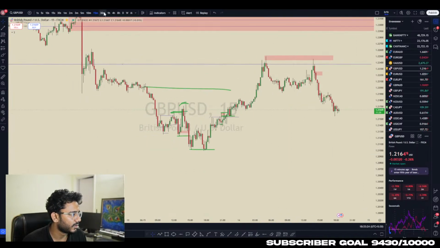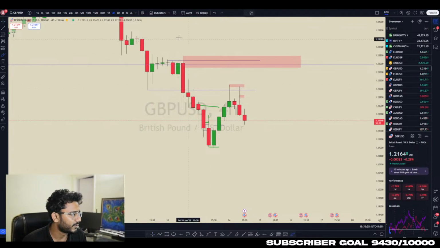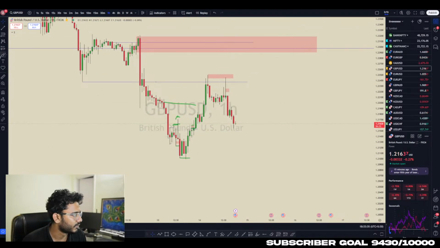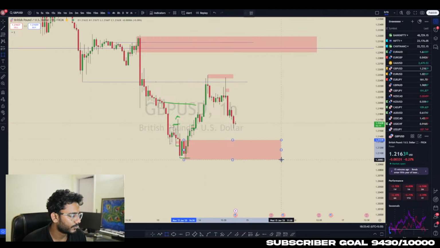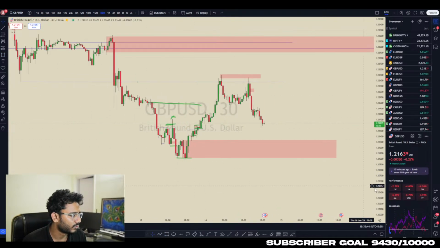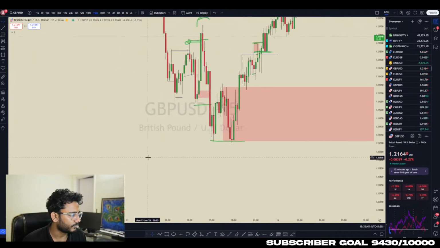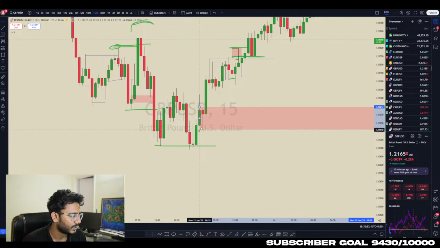On GBP USD, we can see on the higher time frame price is going to the downside, and we have these equal highs which can be liquidated, which is this one. Here there is this order block. Let's go to 30 minutes so we can refine. On 30 minutes we can see this is the order block which broke the structure, and there was inducement here.